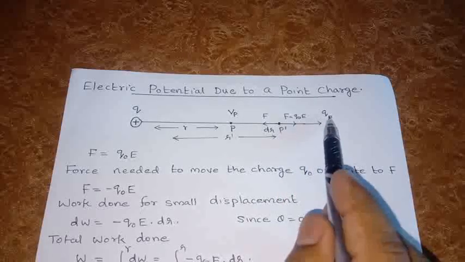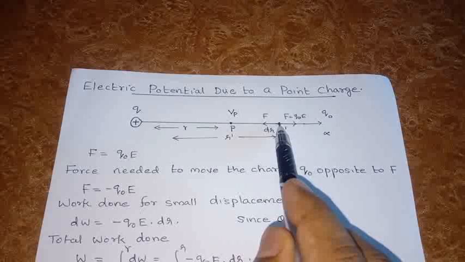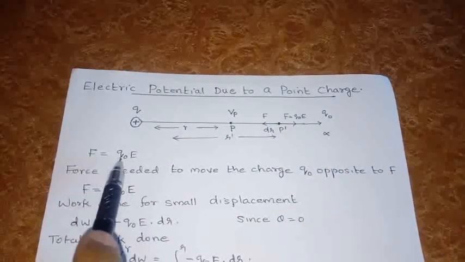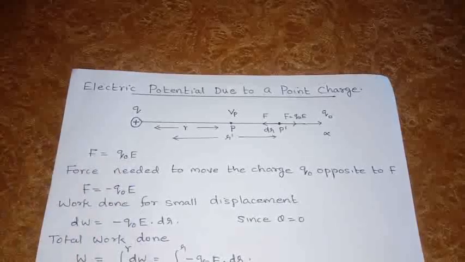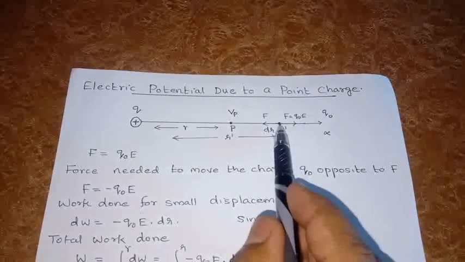Now when the charge q0 comes here at p dash, it experiences a force F is equal to q0 times E. F is equal to q0 times E is the electrostatic force experienced by charge q0 when it is kept at p dash.